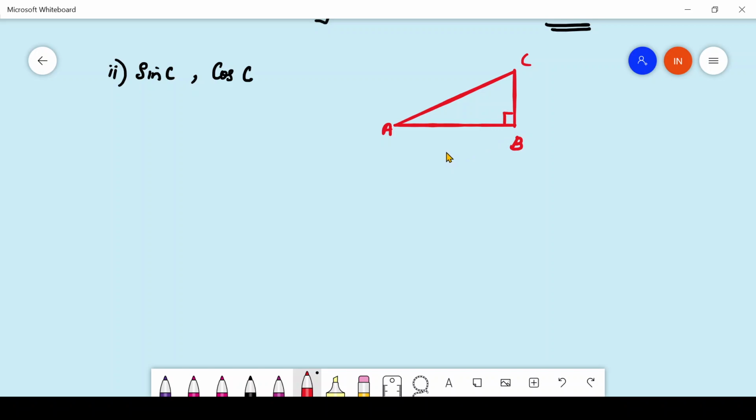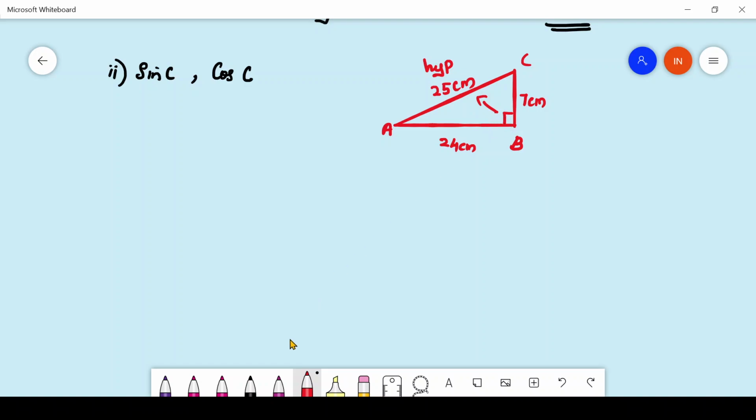We have found out all the sides, right? So AB is equal to 24 centimeters, BC is equal to 7 centimeters, and we found out AC as 25 centimeters. Here also, the hypotenuse is AC, opposite to the right angle, that is here angle B.